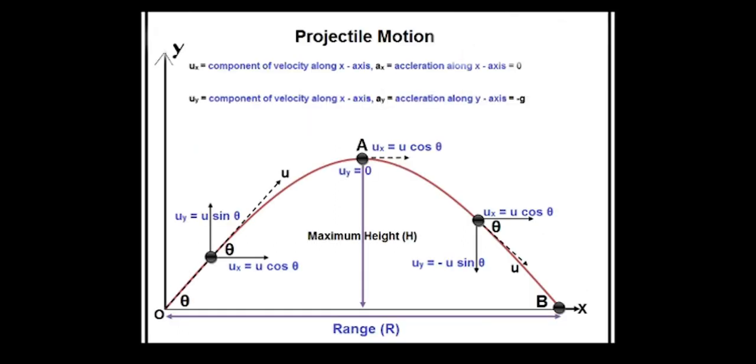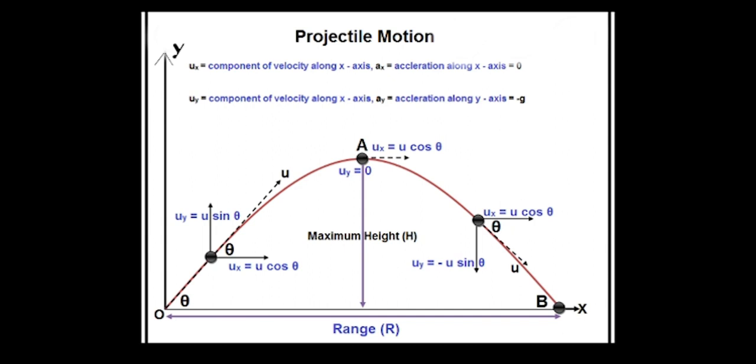As shown in this diagram, the initial velocity of the projectile is u, making an angle theta to the horizontal. The horizontal component of the velocity is u cos theta and the vertical component is u sin theta. Since the object is moving under gravity, the vertical velocity is affected by gravitational acceleration.